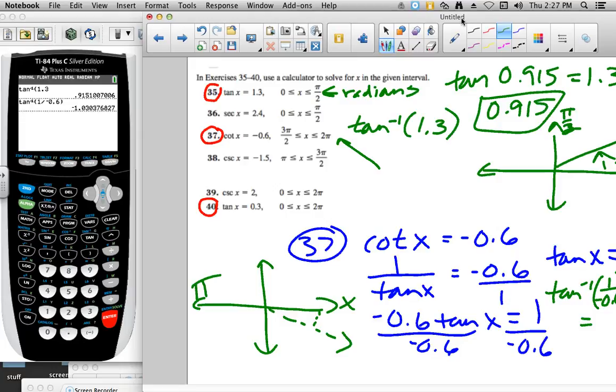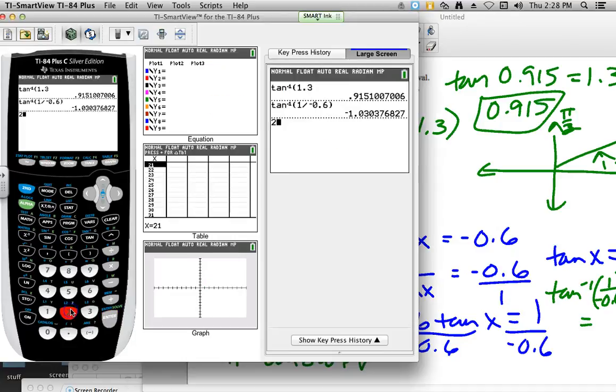So then you think, well, how could I get it to not be negative? Well, all the way around is 2 pi. So if we take 2 pi and we subtract our answer, then we'll have what we want. We'll have a positive value. So back to the good old calculator, and we want 2 times pi, and then we want to subtract our answer, but it's already negative, so we might put plus a negative or just put it in there as second answer and see what we get.